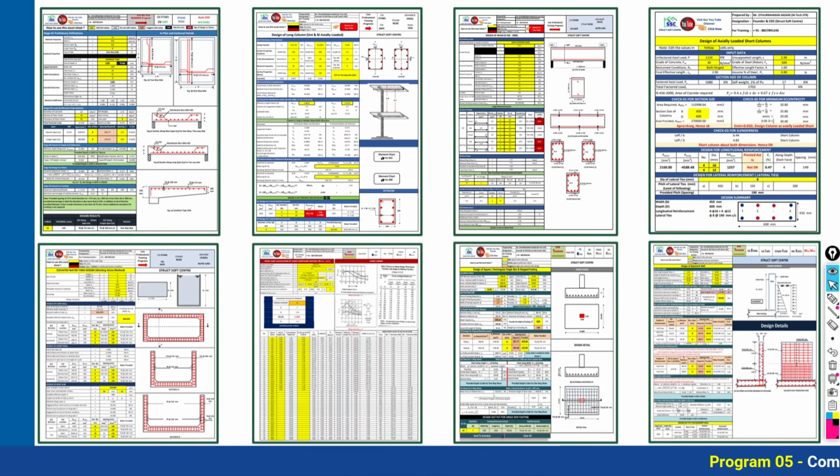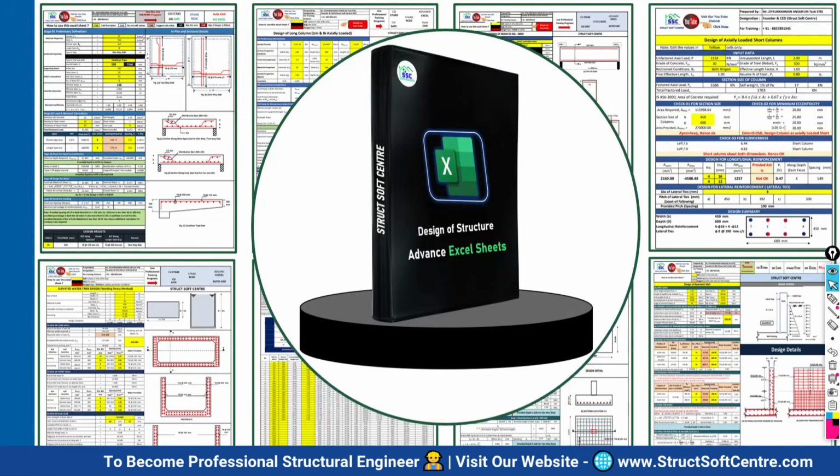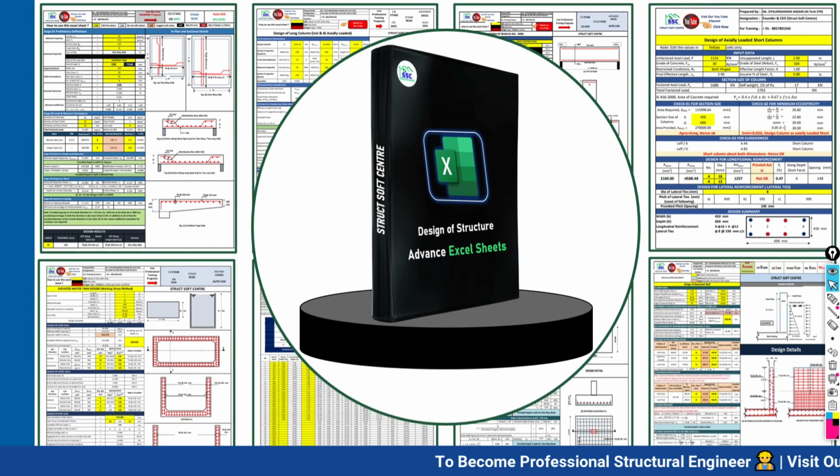If you are going to do the slab design, the column design, the design for the overhead water tank, or the foundation, we are going to cover those with the help of smart-level Excel sheets. And all these Excel sheets, guys, we are going to share with you in this training program. So no need to ask whether you will get this spreadsheet or not. Definitely you will get it.